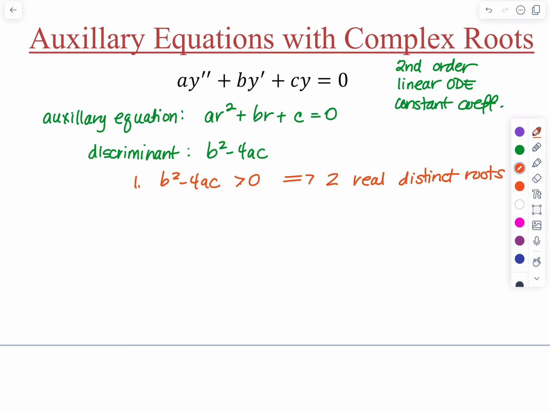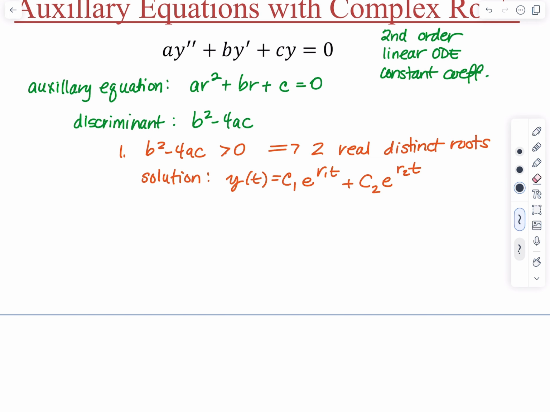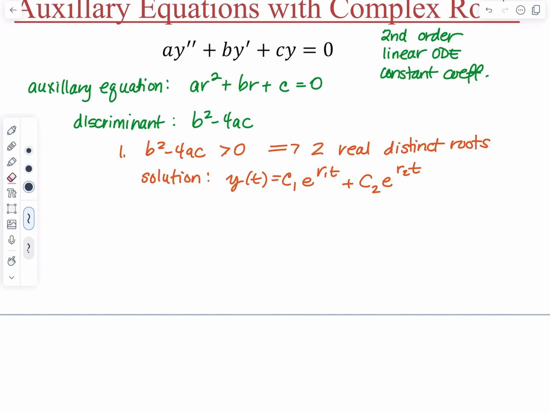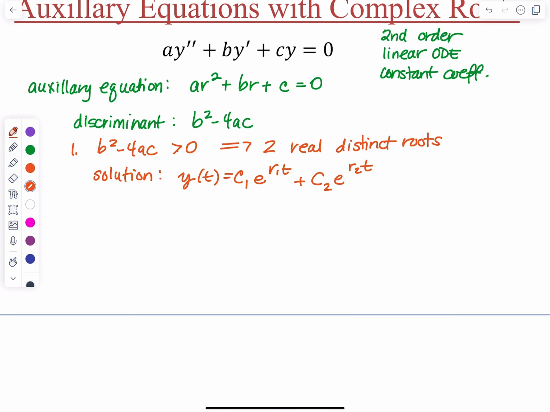And in that case, our solution looked like this. y of t equals c1 e to the r1t plus c2 times e raised to the r2t. And those two real roots were r1 and r2. And then we wrote our solution.